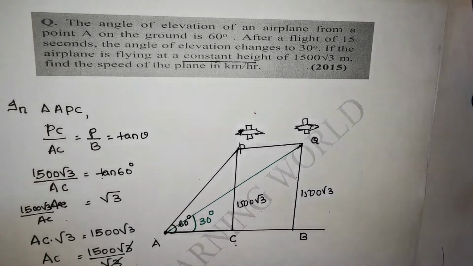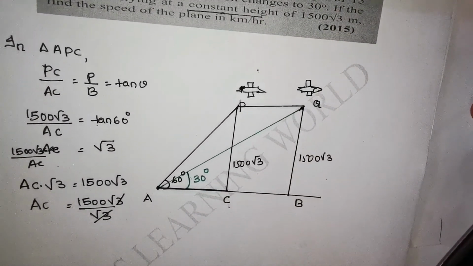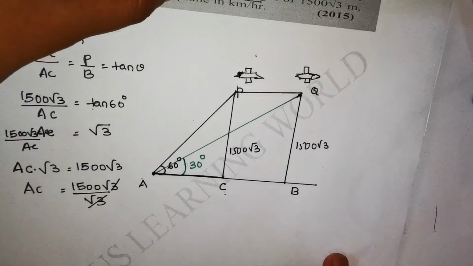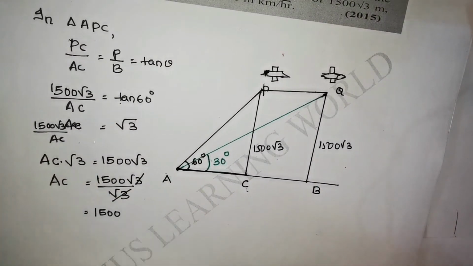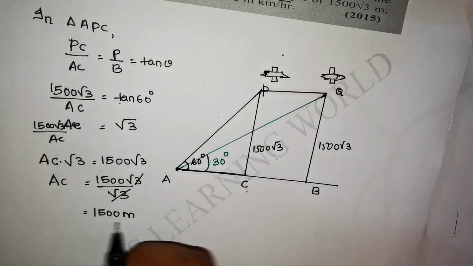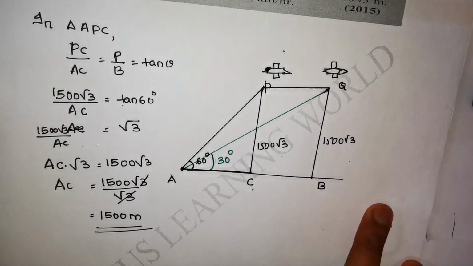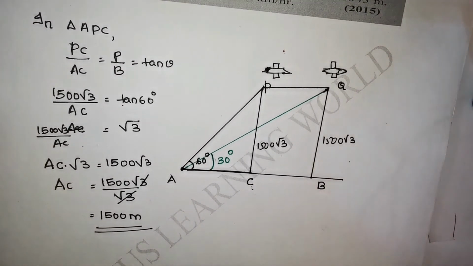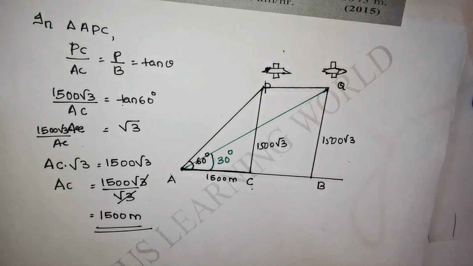So my answer is 1500 meter. So we got the value of AC as 1500 meter.